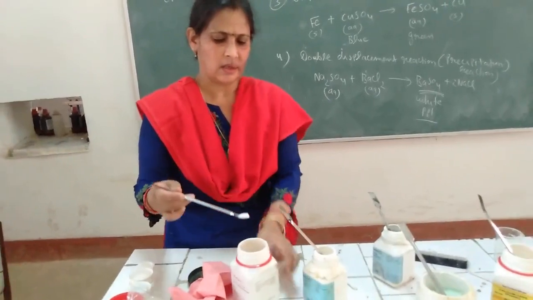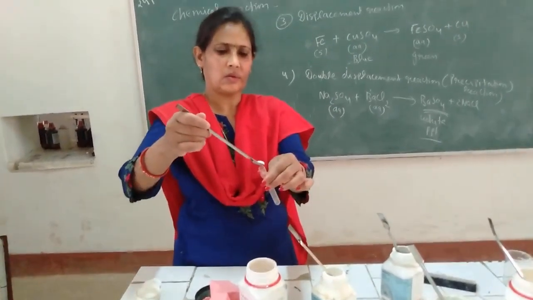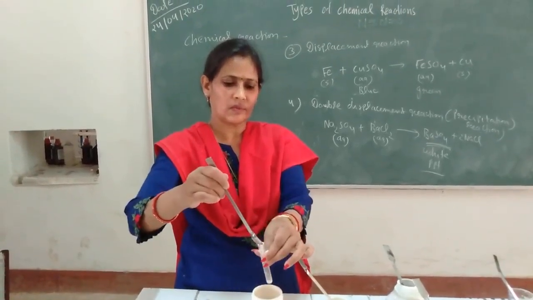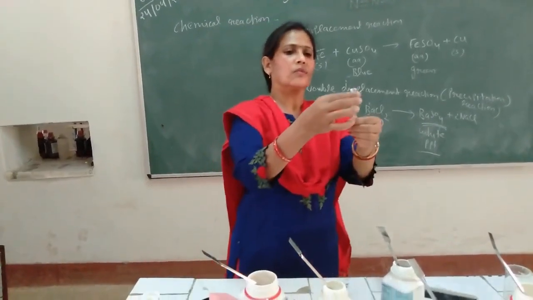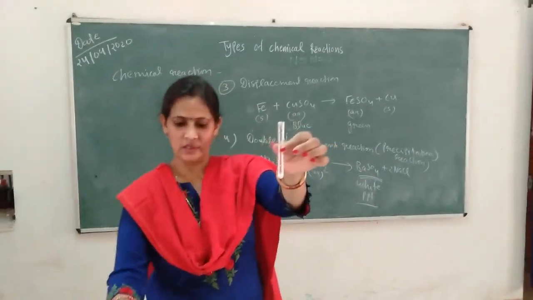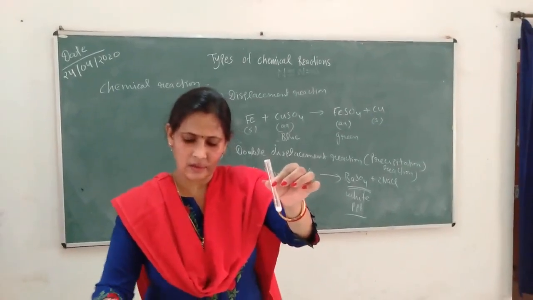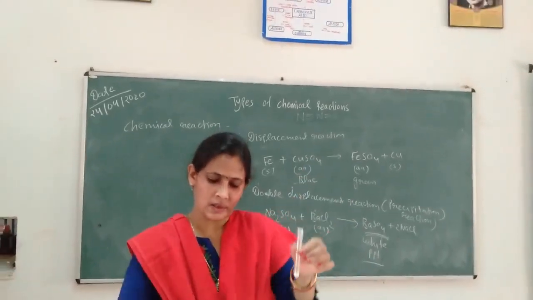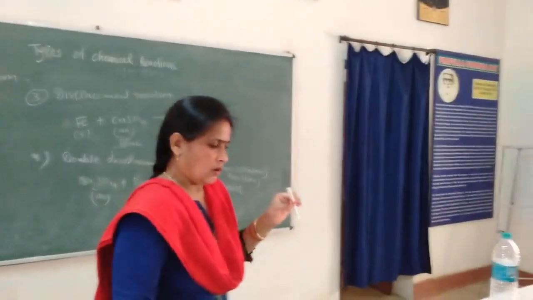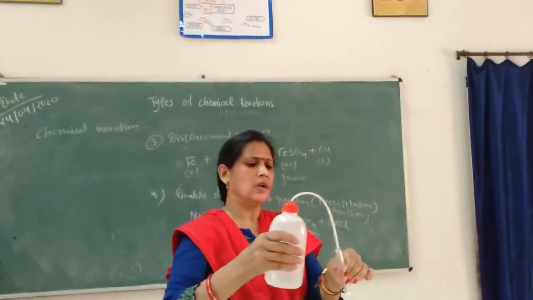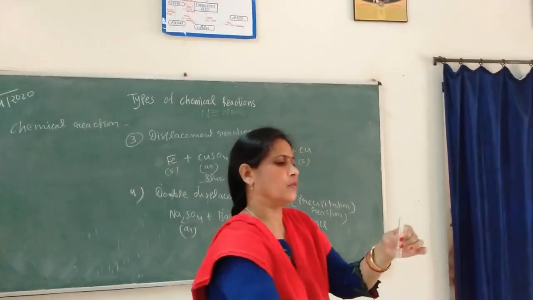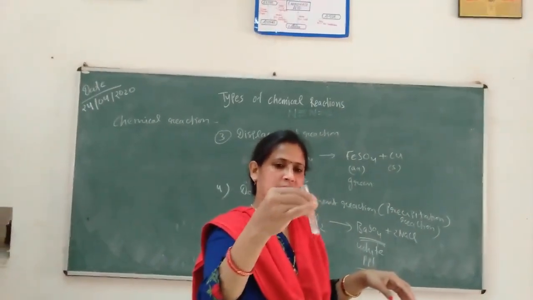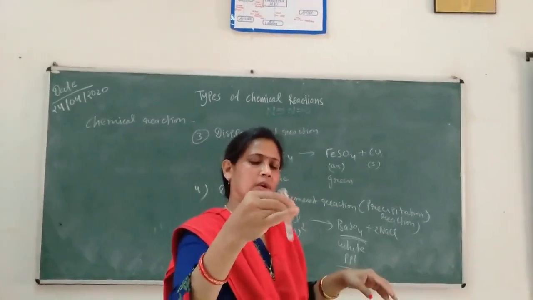You can see this is also a white color substance. And then pour a little amount of water in it also and shake it. Prepare a solution of this barium chloride in water.